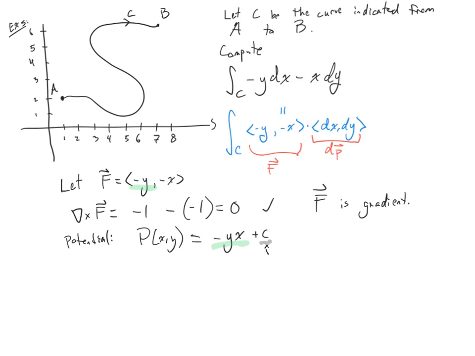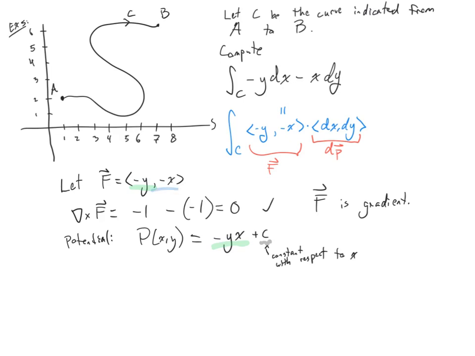So that's constant with respect to x. So there could be y's in there in the C, but then you go back and check and you say, okay, if I take the derivative with respect to y of this, I get minus x, and that plus whatever the derivative of the constant is, but I wanted to get minus x.